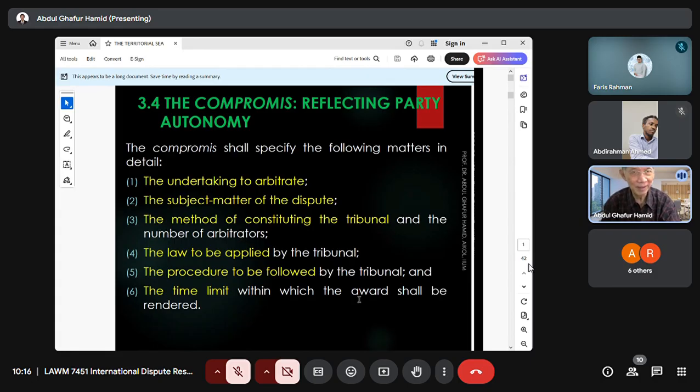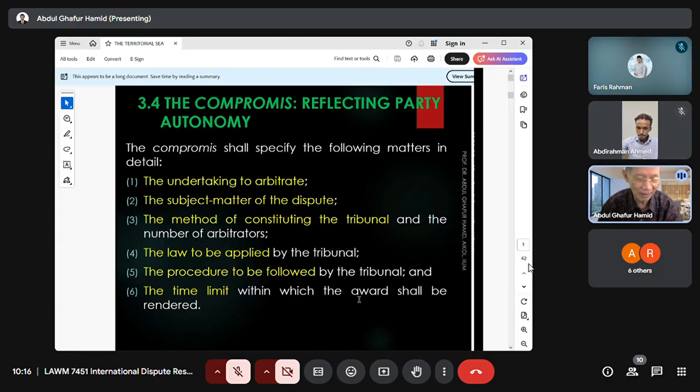The compromis is a special agreement reflecting party autonomy. So what is party autonomy? What do you understand by party autonomy? Autonomy means freedom. Parties are free. They can freely choose the arbitrators.